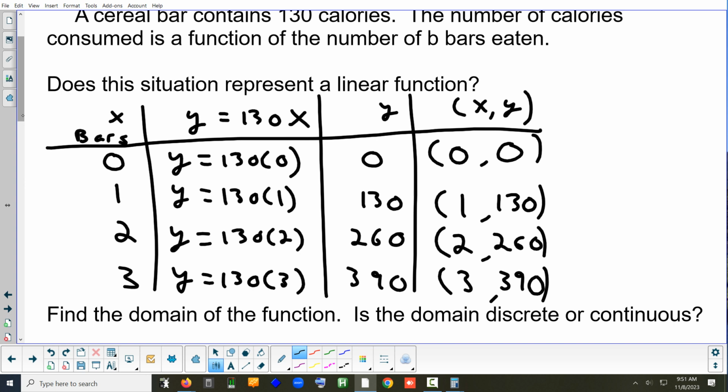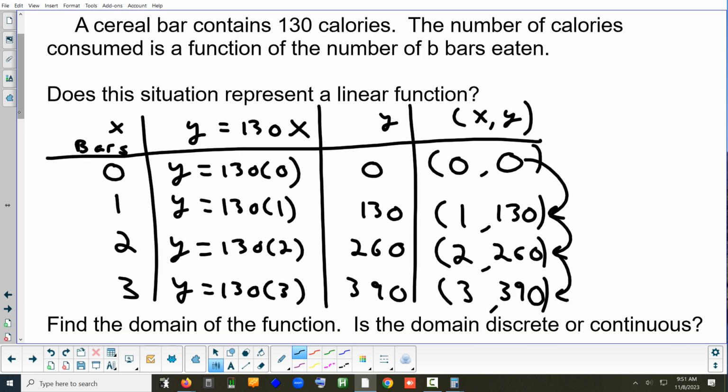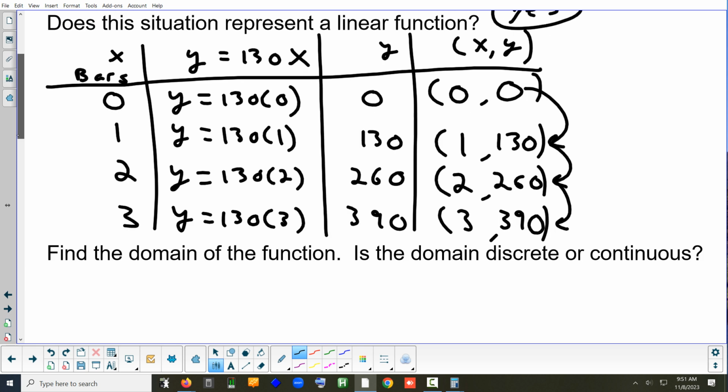Now, how do you get from 0 to 130? Add 130. And then if you add 130, does it get you here? Yes. And if you add it again, does it get you there? Yes. Okay, so is this linear? Yes, it is. Okay, find the domain.